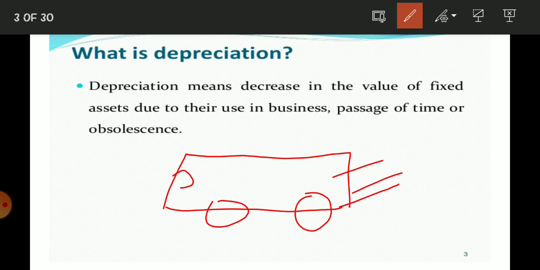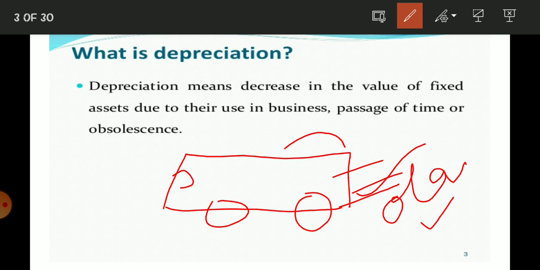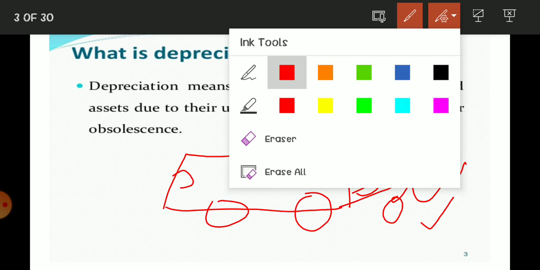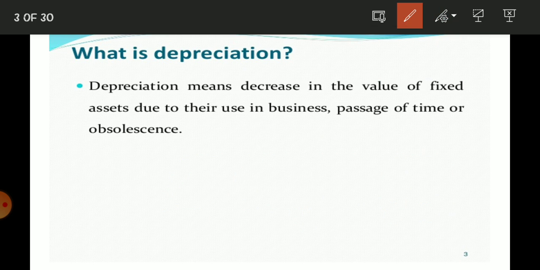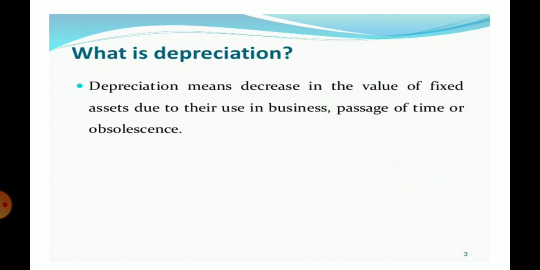Suppose you use this car for running in Ola, right? So after using it for 1 year, some value of this car must be deteriorated due to normal wear and tear. So this is called depreciation.